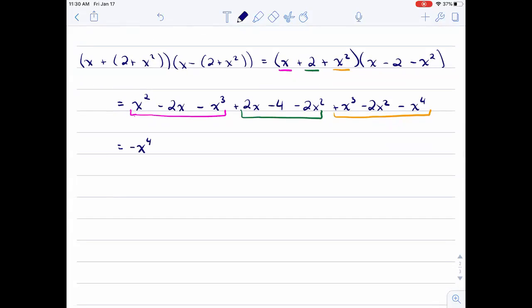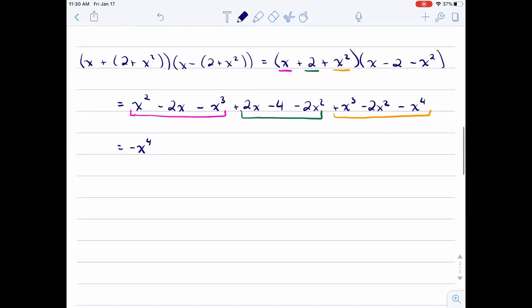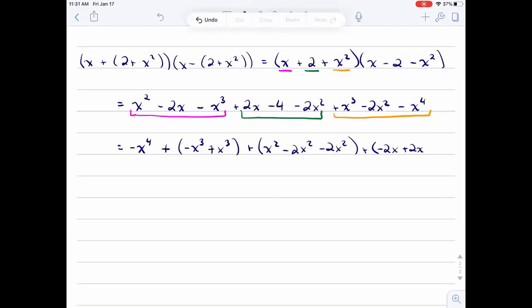And then I'm going to deal with all my x to the power of 3s. So I'm going to do plus and then minus x to the power of 3 plus x to the power of 3. And then moving on to my x squared: plus x squared minus 2x squared minus 2x squared, plus, and then minus 2x plus 2x.